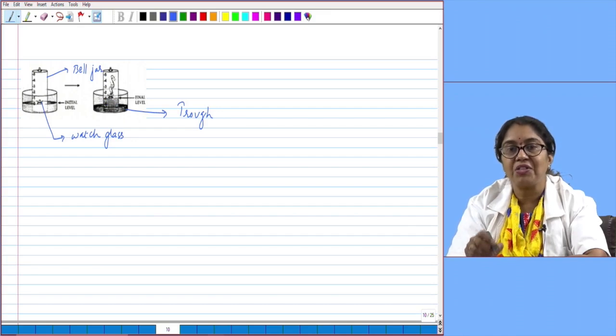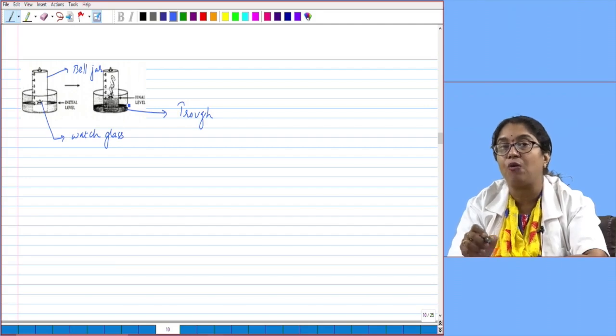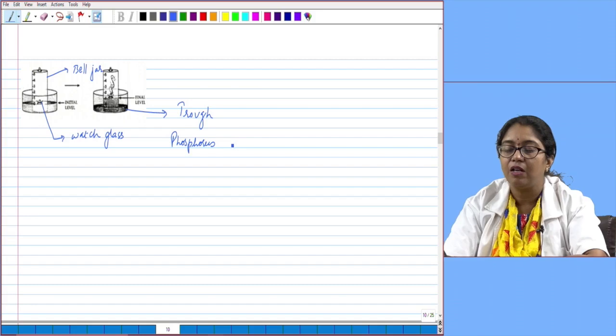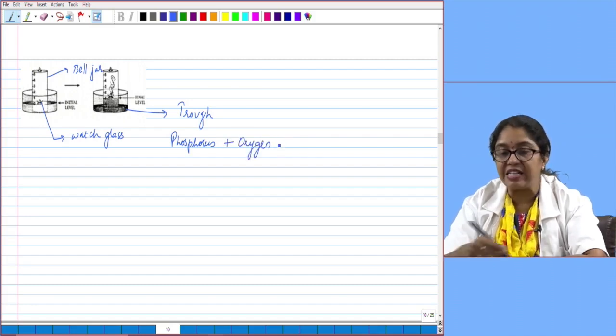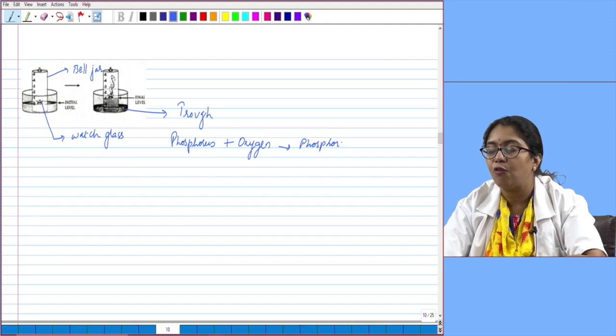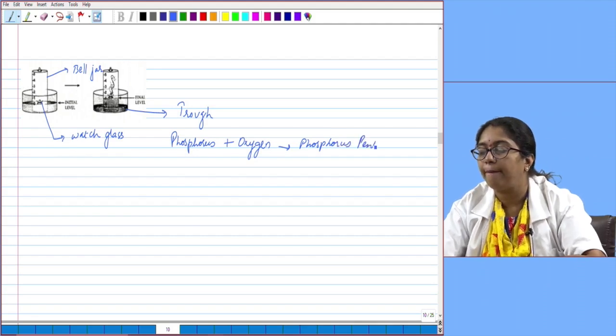So what has caused the water in the bell jar to rise from the 0 mark to mark 1? Basically, phosphorus reacts with oxygen present in the air to form phosphorus pentoxide.